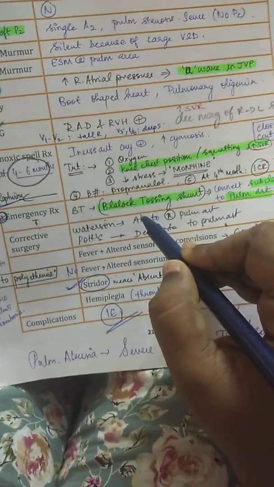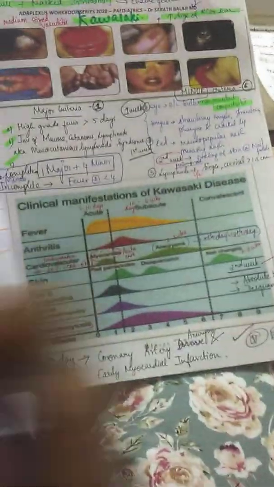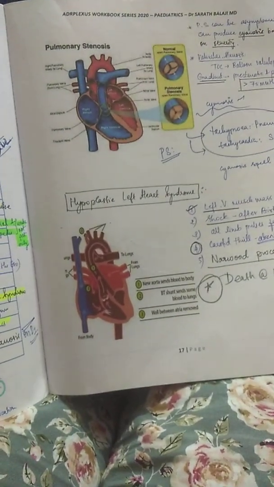Blalock Taussig shunt, you also do it in... do we do it in PTA or what? No. Just a minute, we have to see where it is, because I go insane if I don't find out where I do the Blalock Taussig shunt.